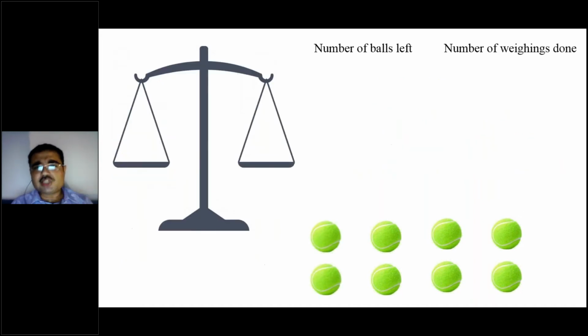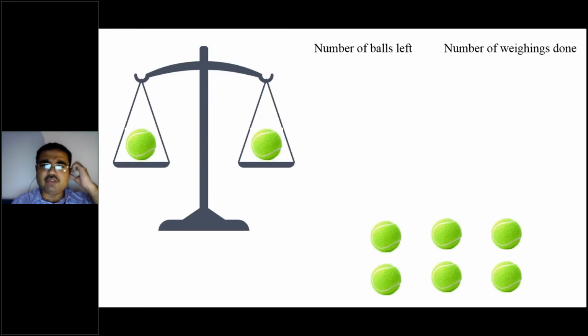So in the worst case, if we select these 2 balls and put them, both of them will weigh equal. Now, can you say that either of these 2 balls is heavier? No. But you can say that these 2 balls are equal in weight, they are not heavier. So you can easily leave out these balls.